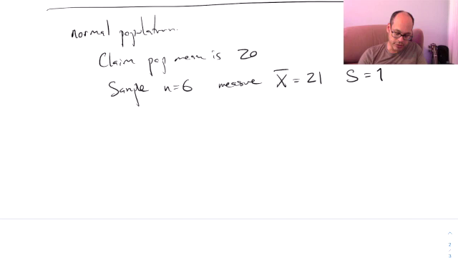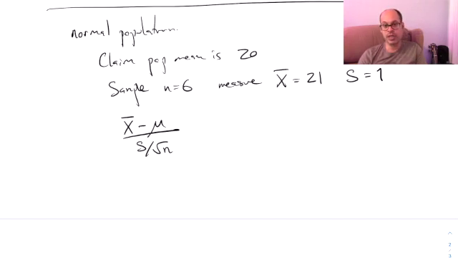So let's take a look. The point here is that if we look at this random variable, x bar minus the population mean divided by the sample standard deviation divided by the square root of n, this is a variable with a t-distribution. And in the case that we're interested in, n is equal to 6. This has 5 degrees of freedom.